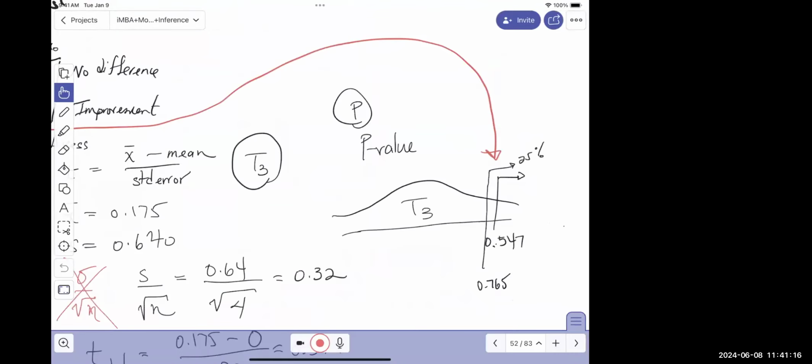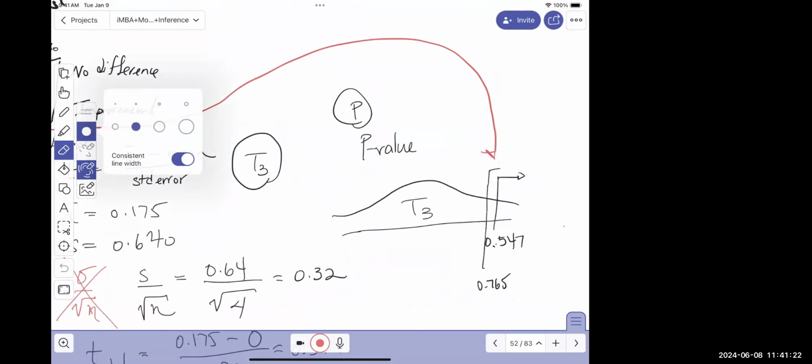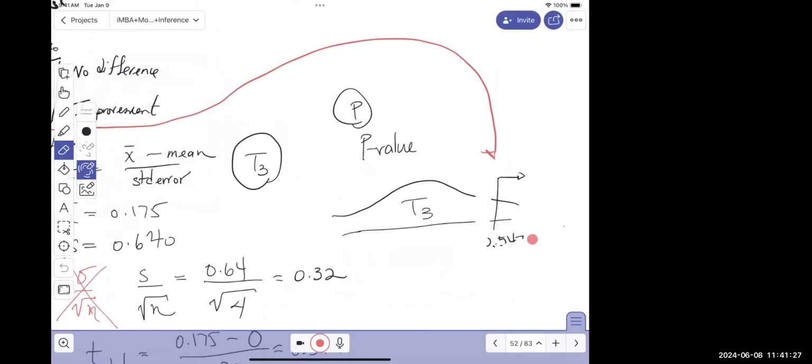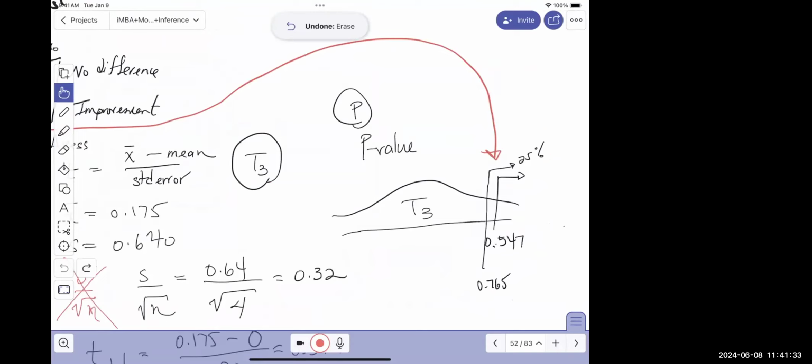Oh yeah, so I did it wrong. I don't know what happened just now. Sorry. What was I thinking? That's not there. It has to be further out. Okay, let me draw that again. So yeah, I drew that backwards. So let's just switch those. All right, so I have my value that I put down as 0.547.